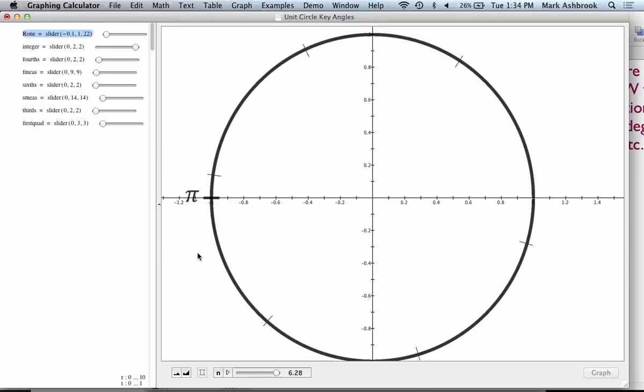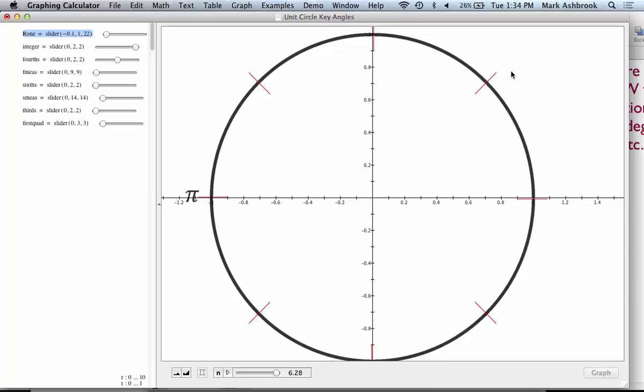Then, using pi, we can get what we call the 16 key angles, which are based on symmetry with the axes. So the first set would be the ones based on pi over 4.